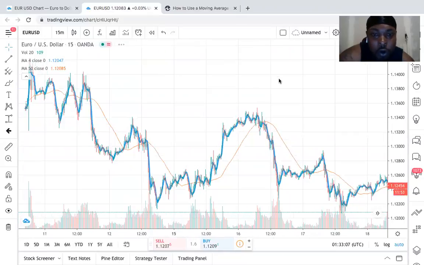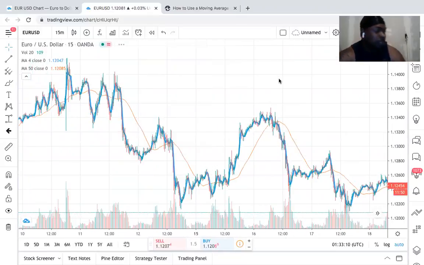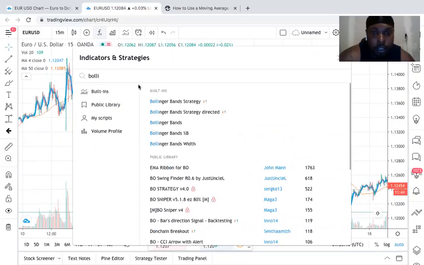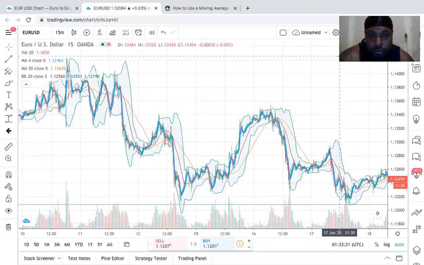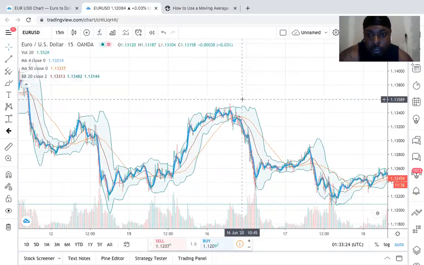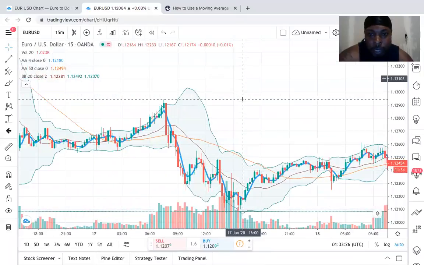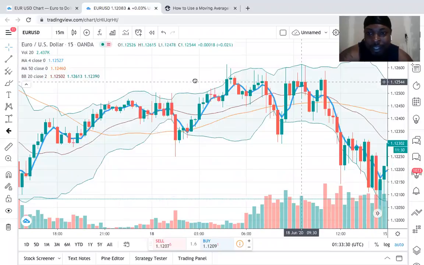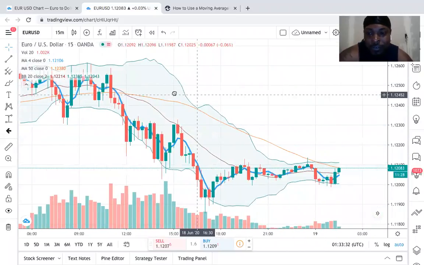I'll briefly go over this. Again, I don't want to give y'all too much intense stuff, but let's look at the Bollinger Bands. And this is the strategy. I'm pretty sure y'all have seen these lines that travel outside of the chart.